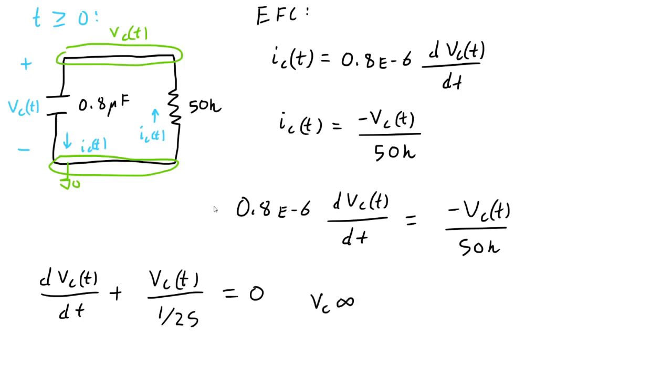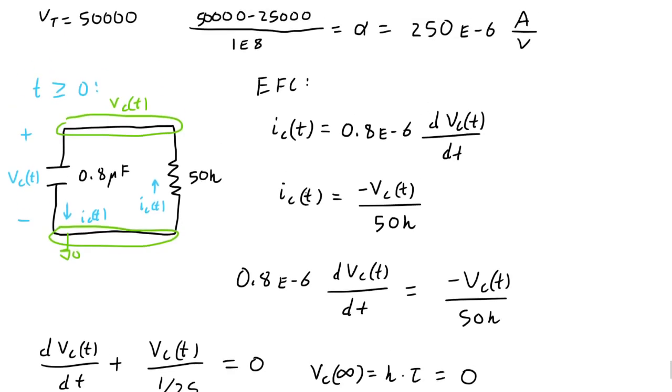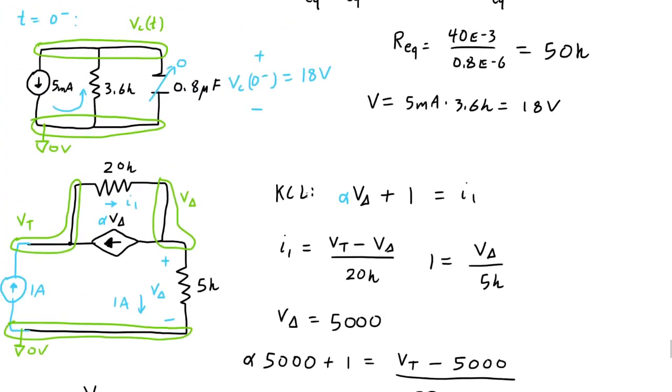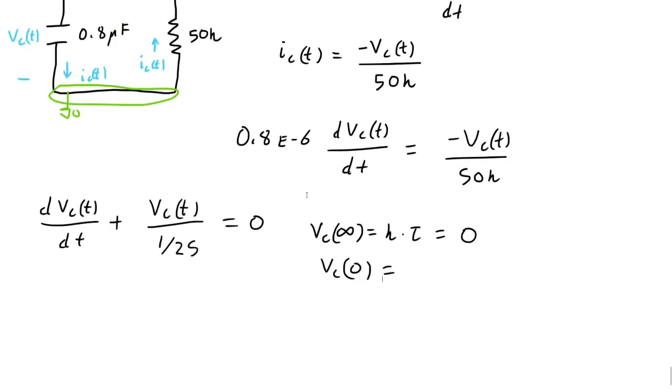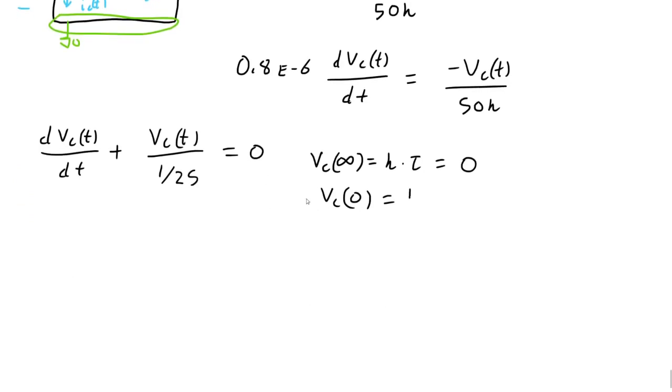So VC infinity is going to be 0. VC0, I think, was, let's see, 18? 18 volts, yeah. So our expression for the voltage across the capacitor is going to be 18 e to the minus 25t.